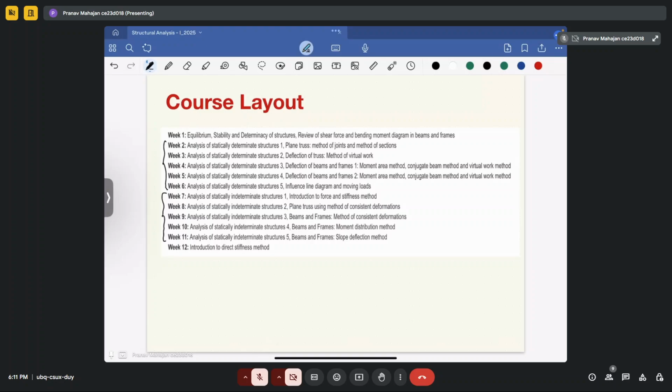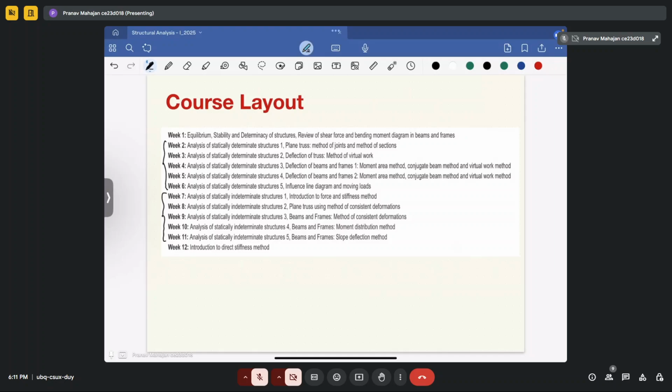After that, we will move to statically indeterminate structures, where we will first introduce you to the force and the stiffness method. Then you will solve problems related to what you covered earlier, like truss, beams, and frames, now with indeterminate structures. Here also for truss, you will use the method of consistent deformations, and for beams and frames, we will use the moment distribution method and slope deflection method.